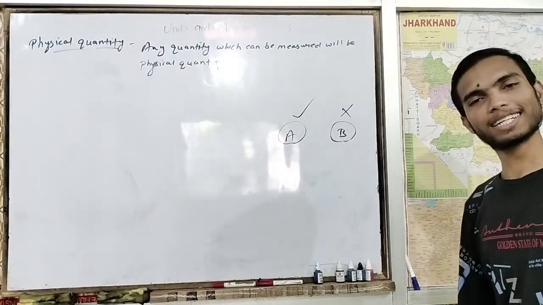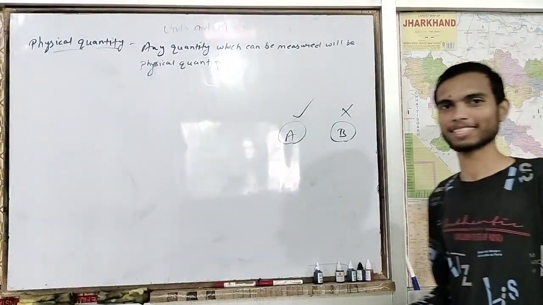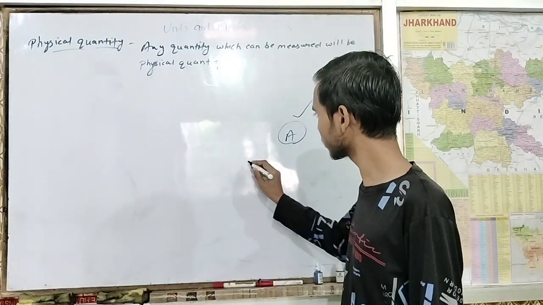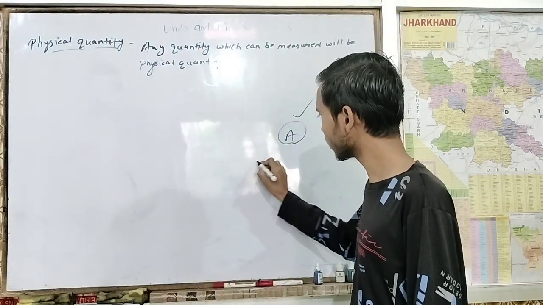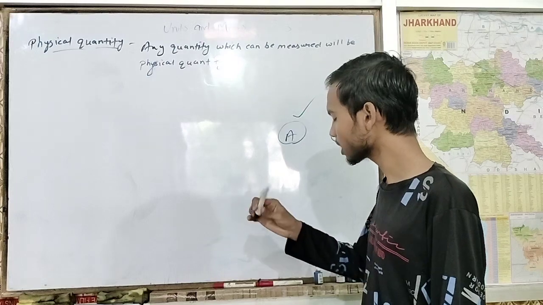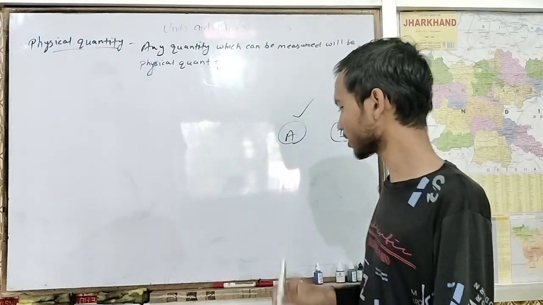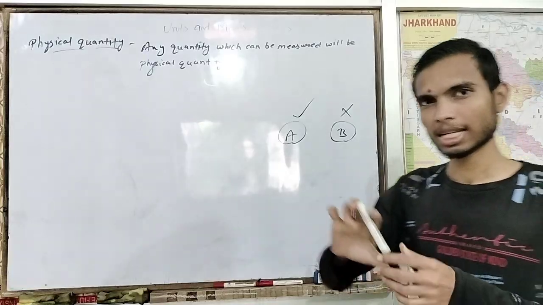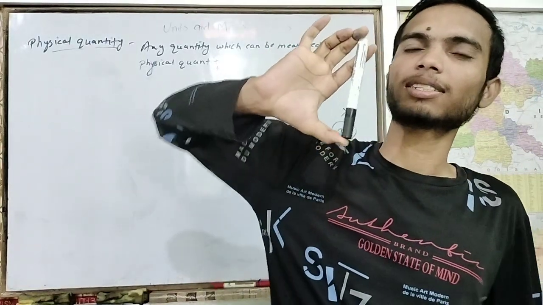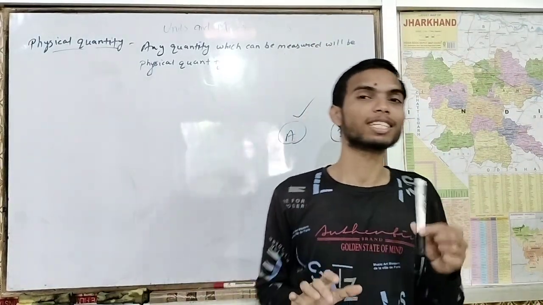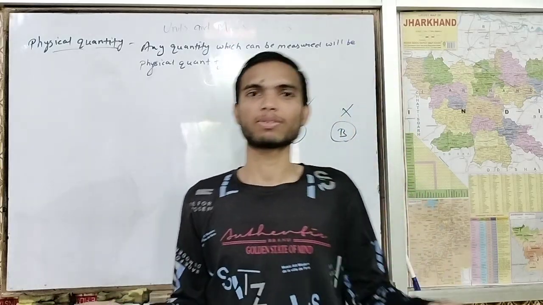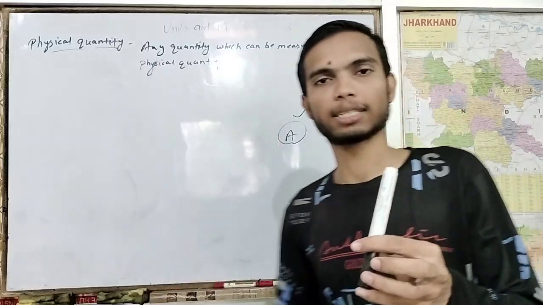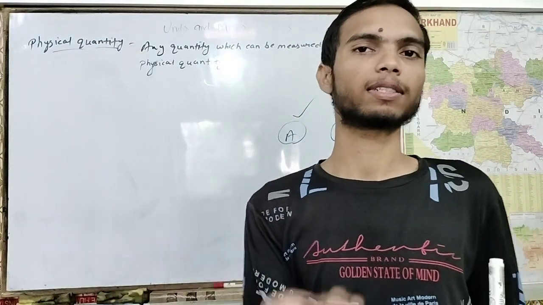Now, let's take a real life example. This marker. Can you measure this marker? Yes, you would say it can be measured. So this is a physical quantity. Here we can measure it in length, isn't it?